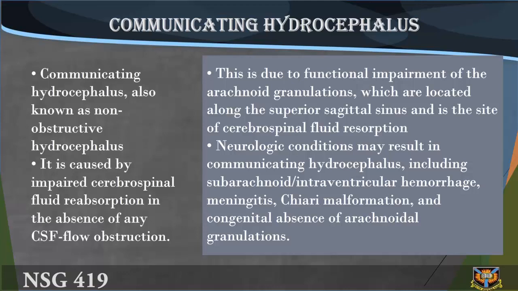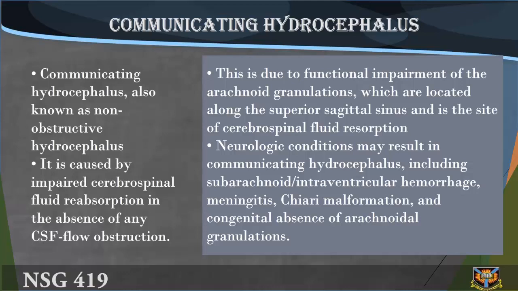It has been theorized that this is due to functional impairment of the arachnoid granulations, which are located along the superior sagittal sinus and are the site of cerebrospinal fluid reabsorption back into the venous system.